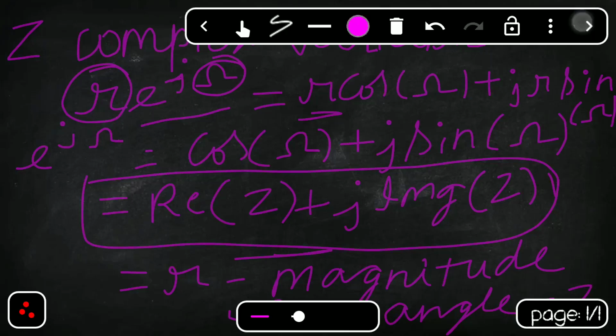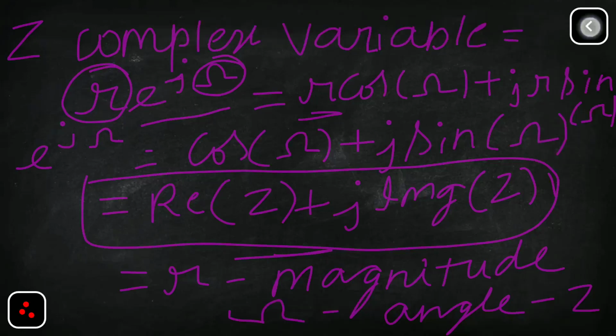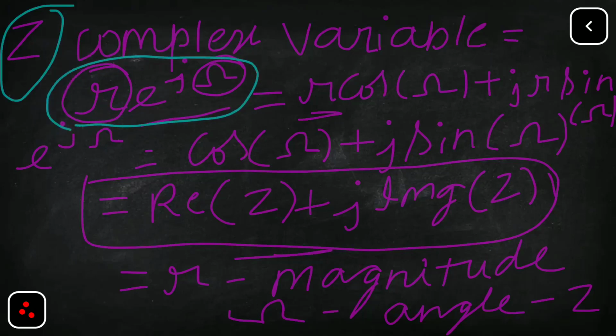So here, what did we do? We considered this z as a complex variable. Where was z? That was where it is x of n into z to the power of minus n. So there was a z, and that z we are considering as a complex variable, and we are also telling that z is defined by r into e to the power of j omega, which you can write as cos omega plus j sin omega.